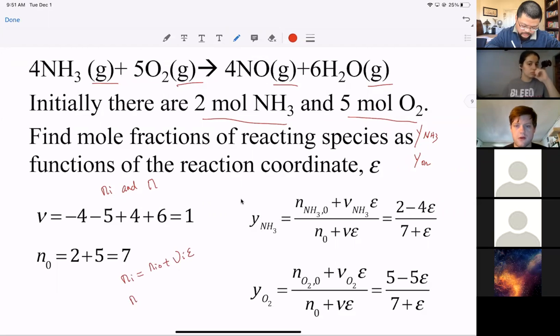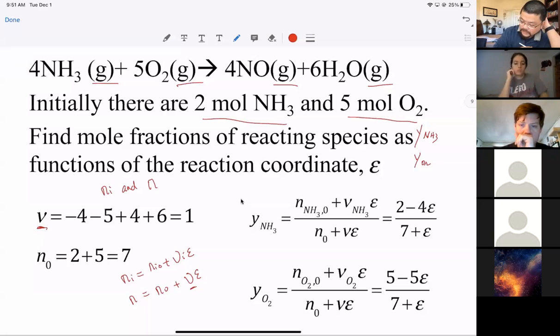And the total would be N total of the initial plus nu multiplied by the reaction coordinate. Over here, we need to understand that this is nu total, so we calculate the summation of those stoichiometry values. That's -4 for ammonia, -5 for oxygen, +6 for NO and water.